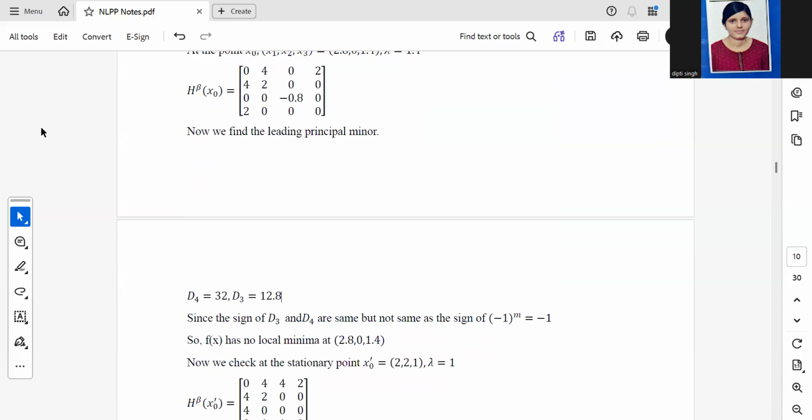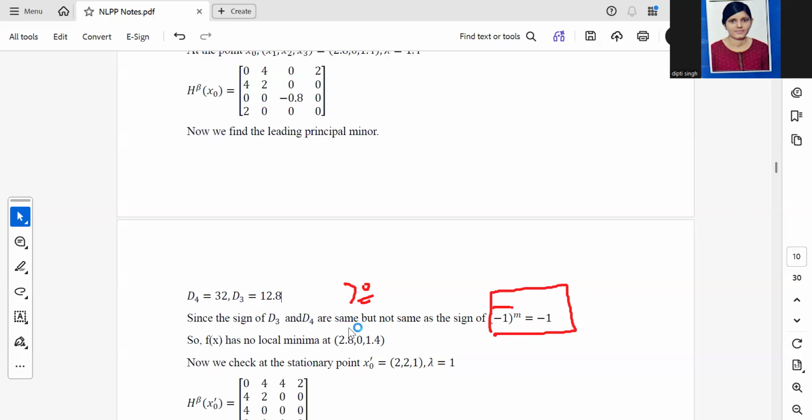Here all the principal minors are greater than 0. Since the signs of D3 and D4 are the same but not the same as the sign of minus 1 to the power n, equal to minus 1, the function has no local minima at this point.